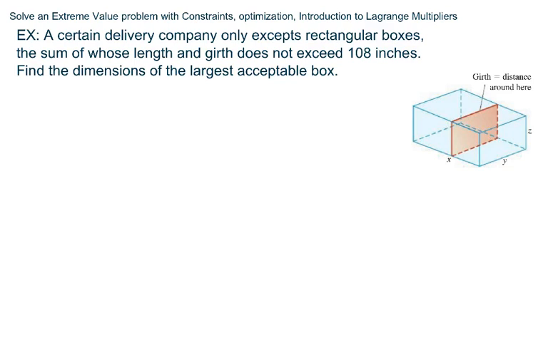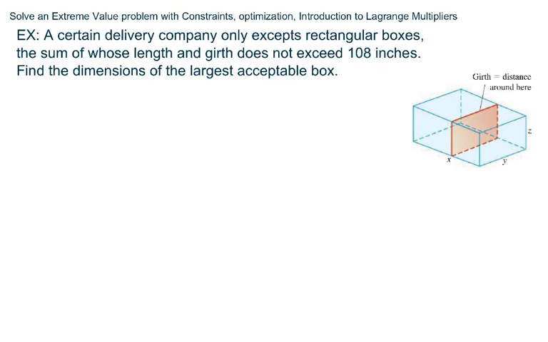So the problem we're dealing with here is that we have a delivery company, and they deliver packages that come in rectangular boxes only. What we know is that the sum of the length, x, and the girth, y plus z plus y plus z, is not to be larger than 108 inches.